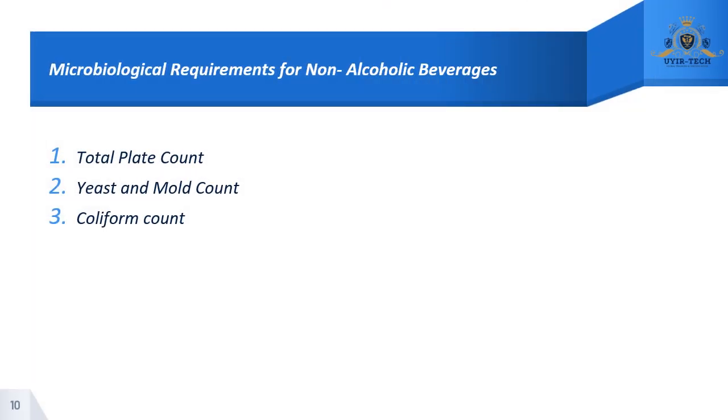The microbiological parameters for non-alcoholic beverages: total plate count as per ISO 4833, yeast and mold count ISO 21527, and coliform count. We have to report that as absent per 100 ml. So that we will discuss in the technical sessions.